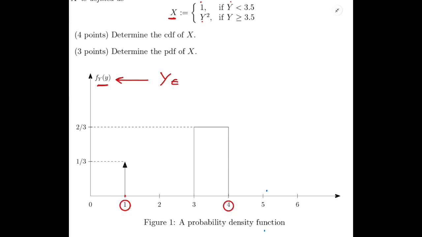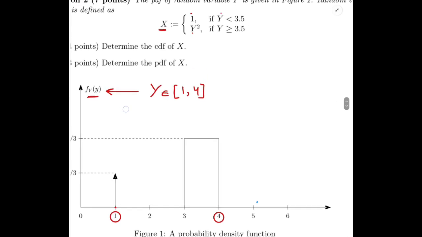As you can see, 1 and 4. And it's clear that the PDF of y has no values below 1 or greater than 4.